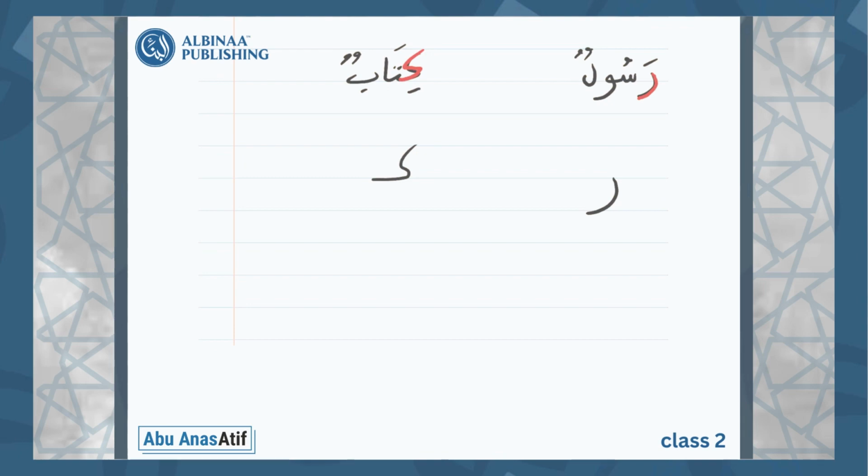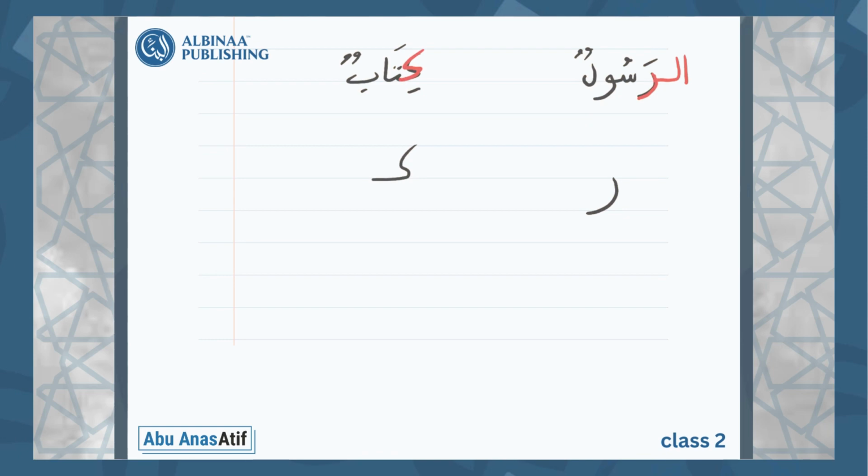Ra is a letter from the huruf al-shamsiyya. What this means is when you add an alif and lam onto this word, you are not going to read the lam. So if I put alif lam onto Rasul, I am not going to pronounce the lam.